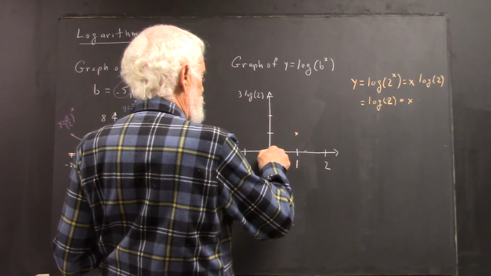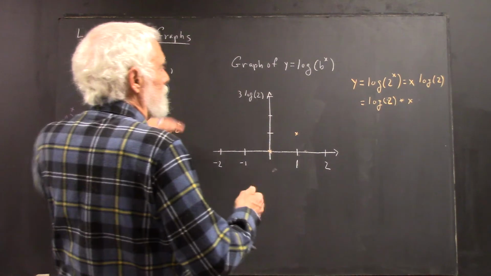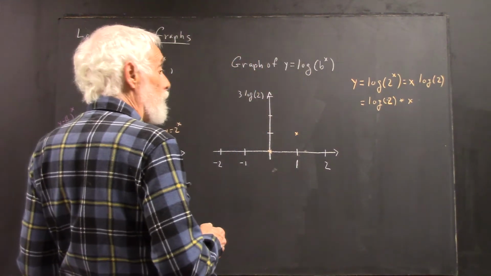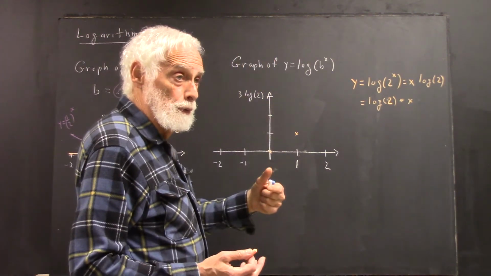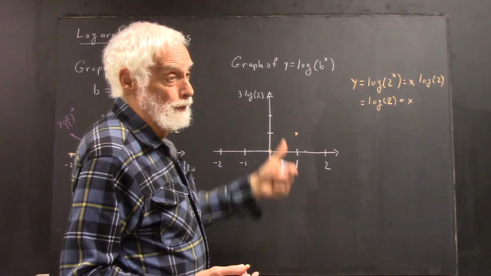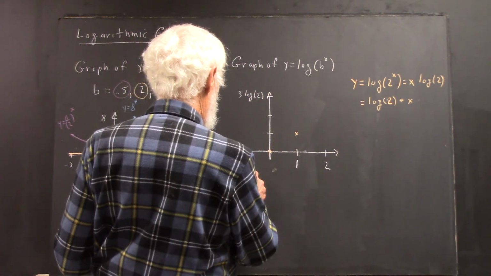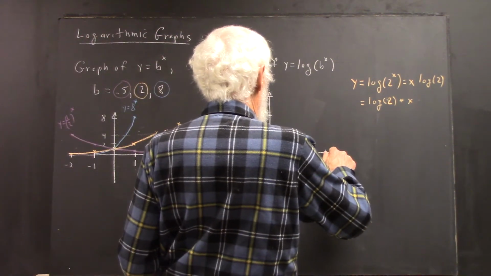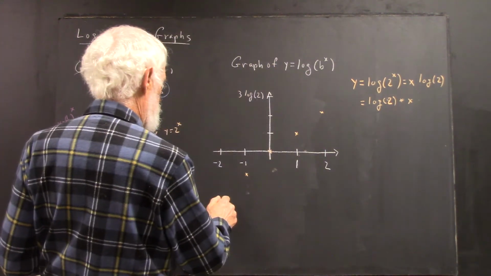Anyhow, here we have this, and we can complete the table. If x equals -1, we have 1/2, okay? And the log of 1/2, well, by rules for logs, the log of 1 over 2 is log of 1 minus log of 2. Log of 1 is 0, so the value is negative log of 2.